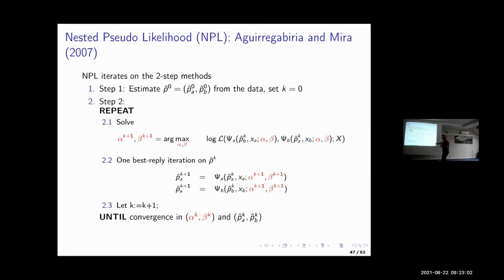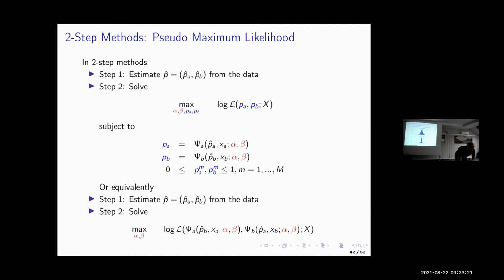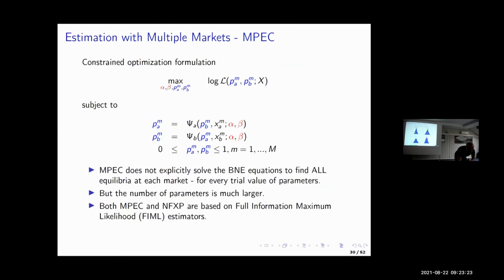The problem now is we have this issue with convergence. Remember what's going on when we're iterating on this best response function? Sometimes we go in one direction and sometimes we go in another, because of exactly these functions that we had here.